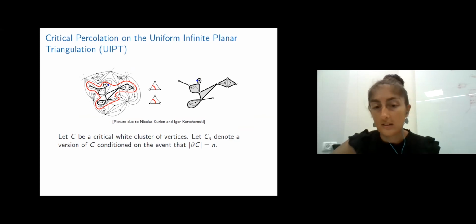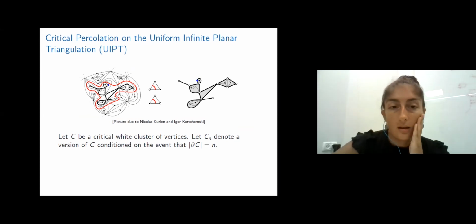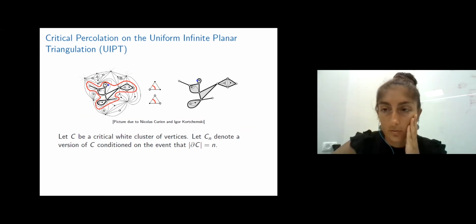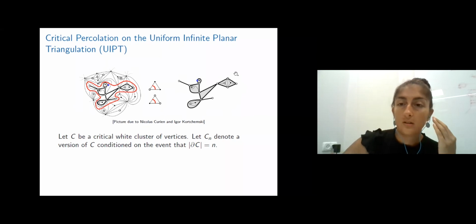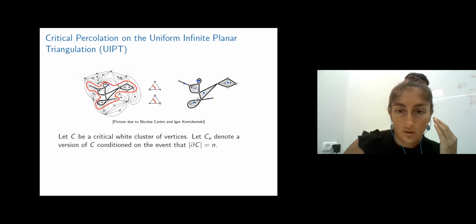So it turns out that actually the critical parameter is a half in this case. And you isolate one critical component. You can see over here that the structure obtained has some kind of tree structure. So it's not a tree, but you can imagine that maybe if you were to annotate it, draw a vertex in each of these big faces and join them up, you're somehow getting a tree.